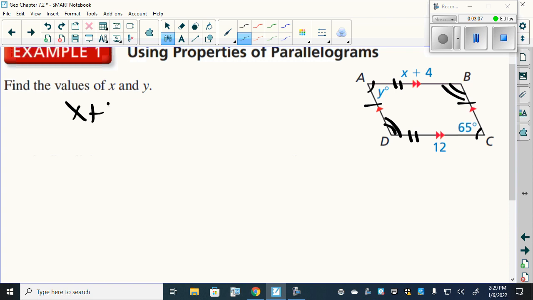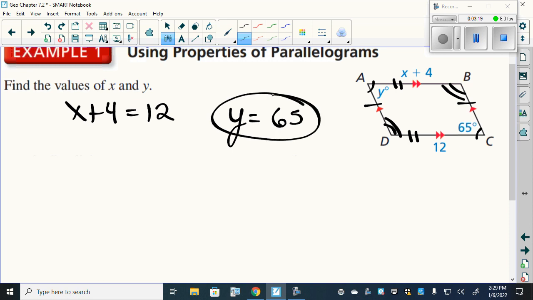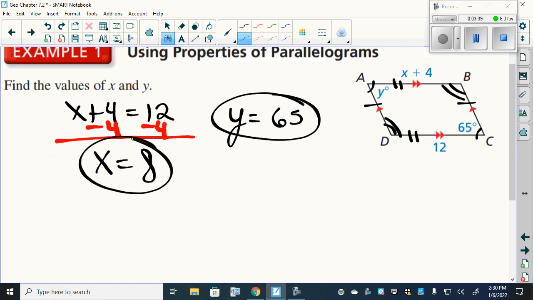So we can say that x plus 4 is equal to 12, because those two lengths are going to be congruent. And we can also say what y is, because the opposite angles are congruent. Well, y equals 65. That's already done. Now to solve for the value of x, we can subtract 4 from both sides, which tells us x is equal to 8, and that's it.